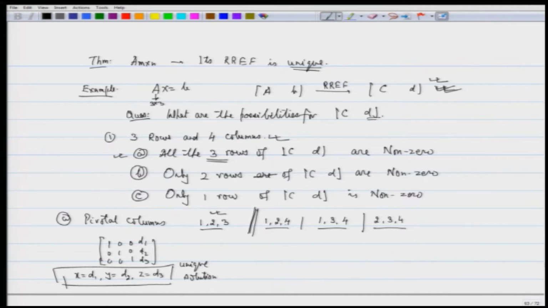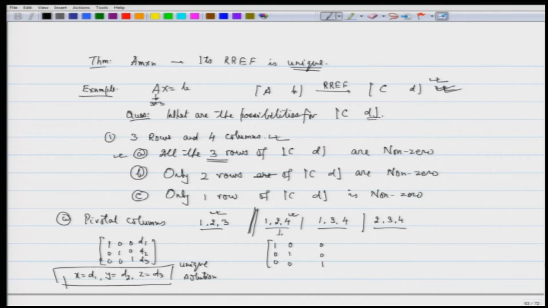What happens at 1, 2, 4, at 1, 3, 4 and at 2, 3, 4? Let us try to understand that part. Here it says 1, 2, 4. So, the columns are 1, 0, 0; then 0, 1, 0; and the fourth one is 0, 0, 1. Again here, the RREF is so important that the ones go to the right.